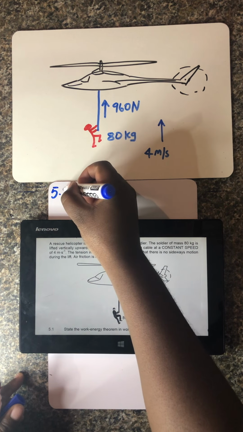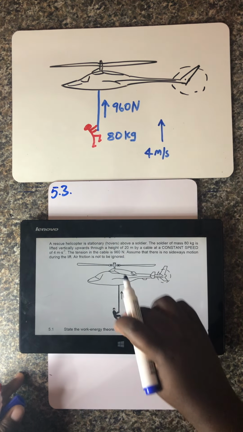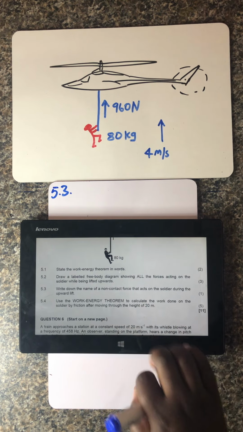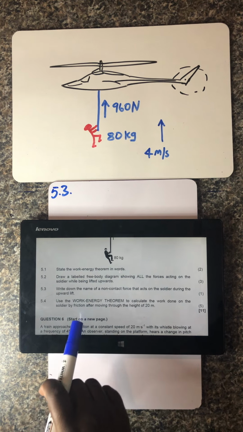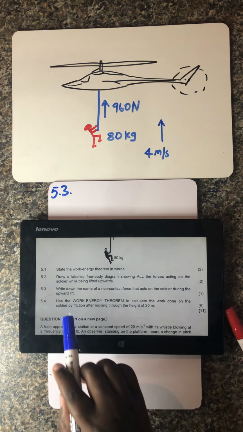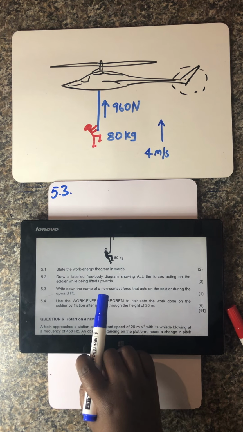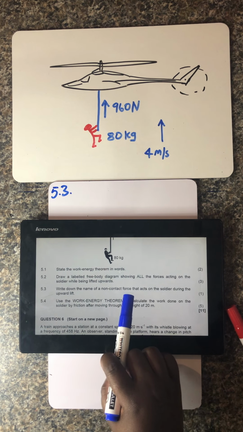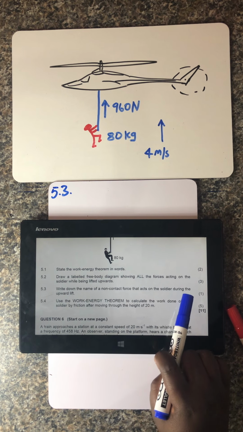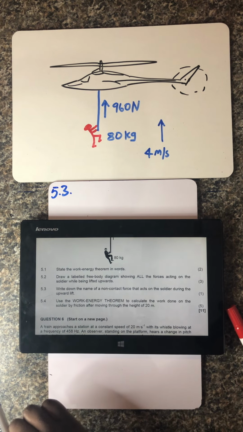So now we're moving to 5.3. Ladies and gentlemen, question 5.3 says: write down the name of a non-contact force that acts on the soldier during the upward lift.